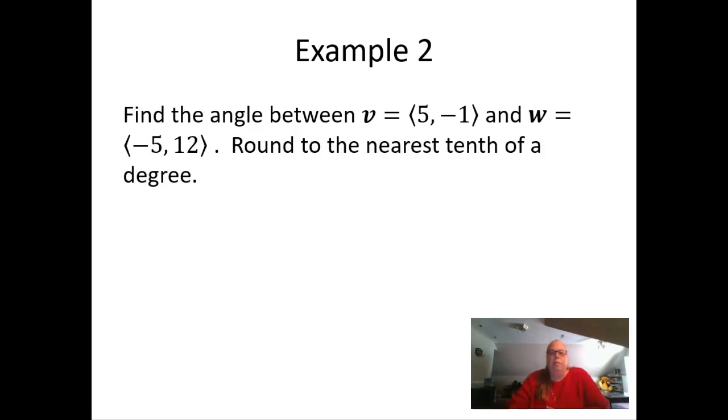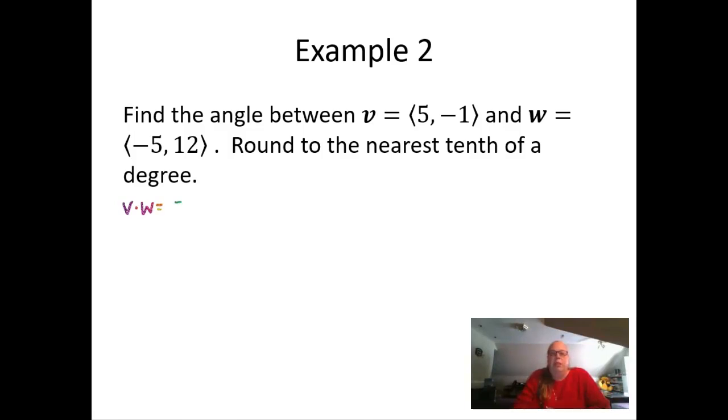Example 2, find the angle between the vector v, +5, -1, and vector w, -5, +12, round to the nearest tenth of a degree. All right, in order to find the angle in between, first of all, we need to know the dot product of v times w.